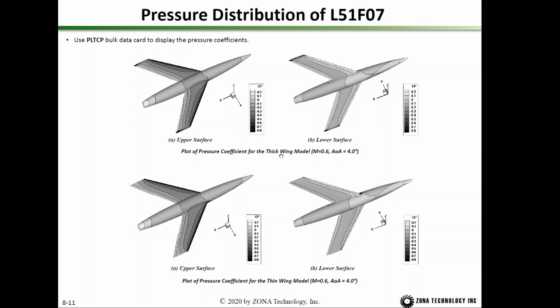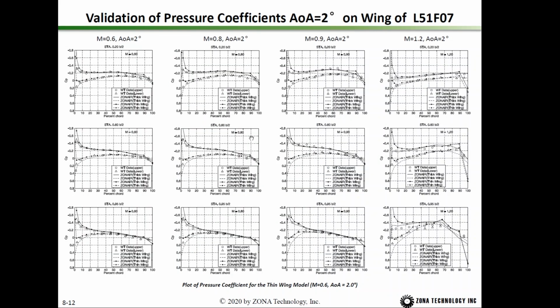So you can use the plot CP card to look at the CP distribution, and then we compare the thick wing modeling result and the thin wing modeling result with the wind tunnel. The wind tunnel data on the upper surface of the wing is open circle.